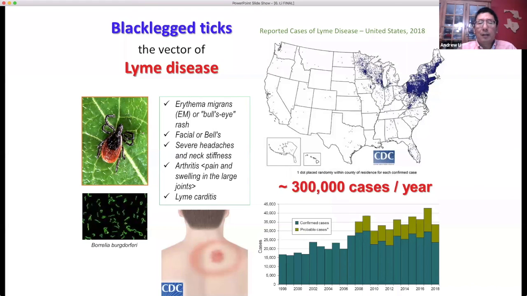And from a study a couple of years ago, also organized by CDC, looking at different sources of data, they came up with a new estimate, which is 10 times higher than the number we thought, about 300,000 cases per year. This highlights the importance of Lyme disease, how it affects the American people, and also economically. Next slide.